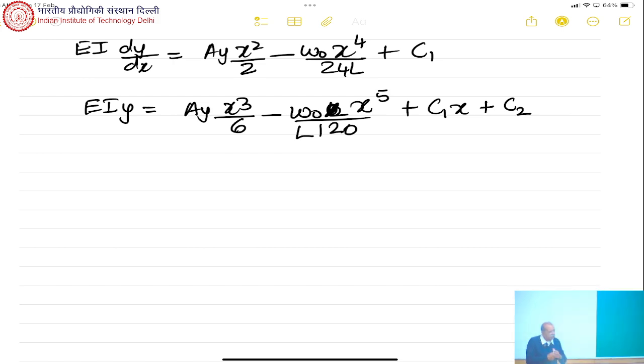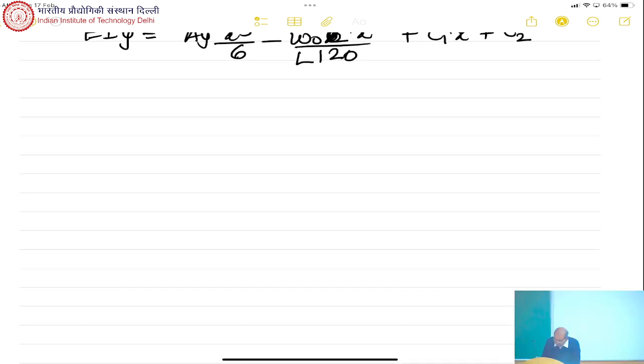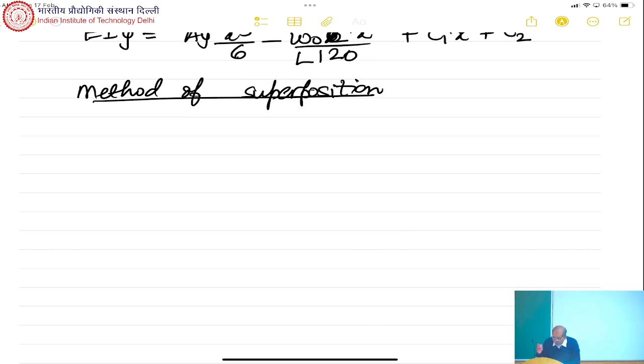Now it turns out that we can also solve these problems with another method, which is called the method of superposition.